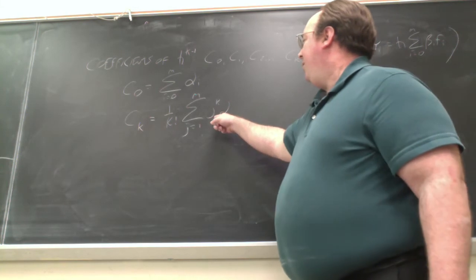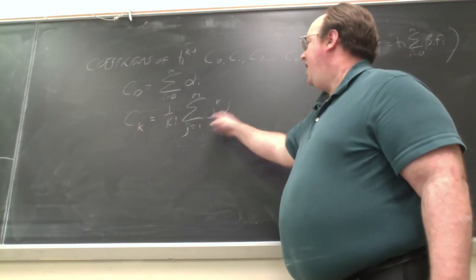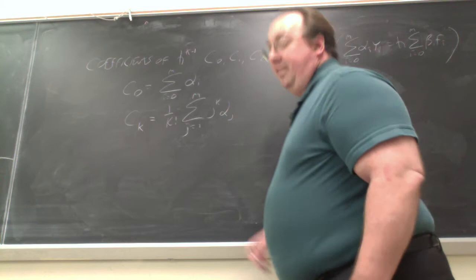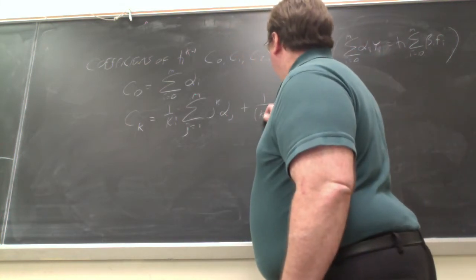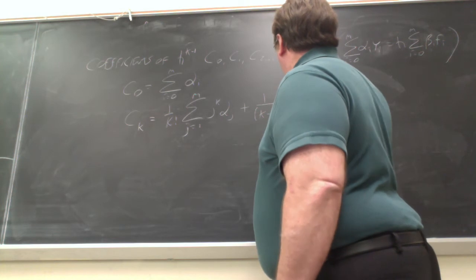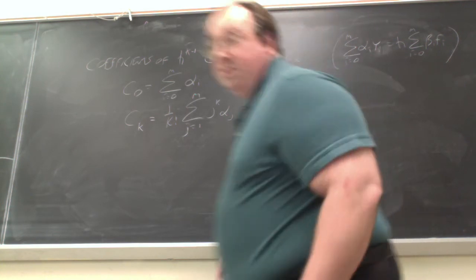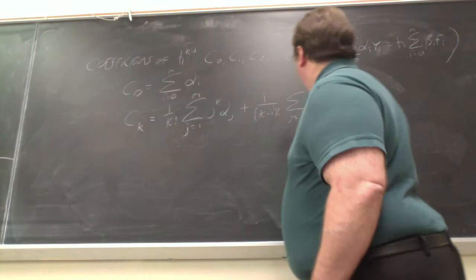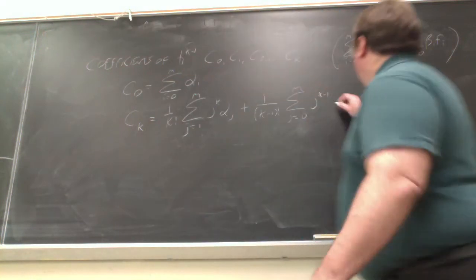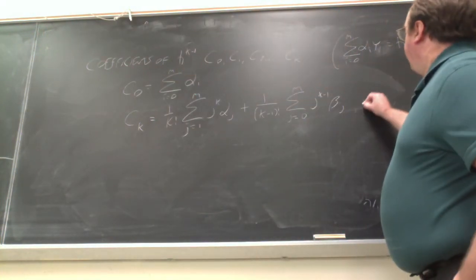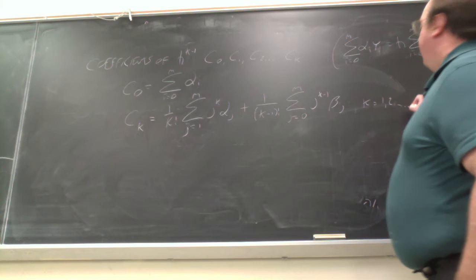But here we have powers of the index j times the alphas. And then we have a second sum involving the betas, j equals 0 to m, of j to the k minus 1, beta j. And this holds for k equal to 1, 2, etc.